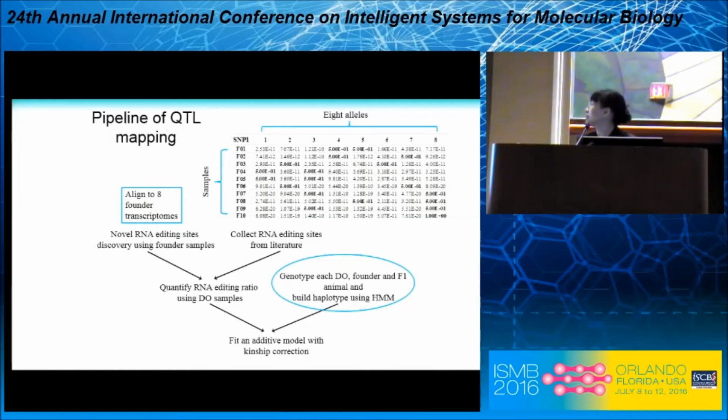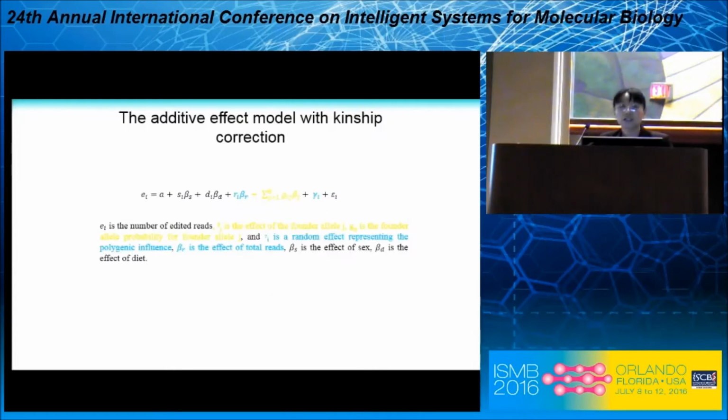And this is the basis for building the kinship additive model for mapping and also the basis for interpreting the result. Now here is the additive model. The E here is the number of edited reads. And this part is the contribution from the 8 alleles.